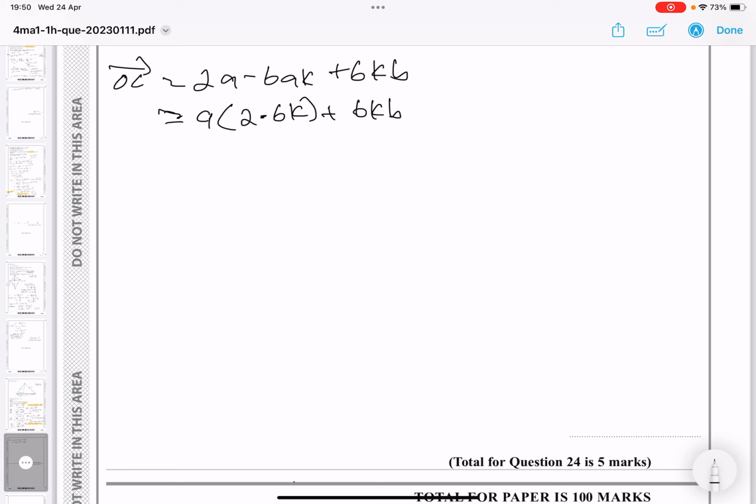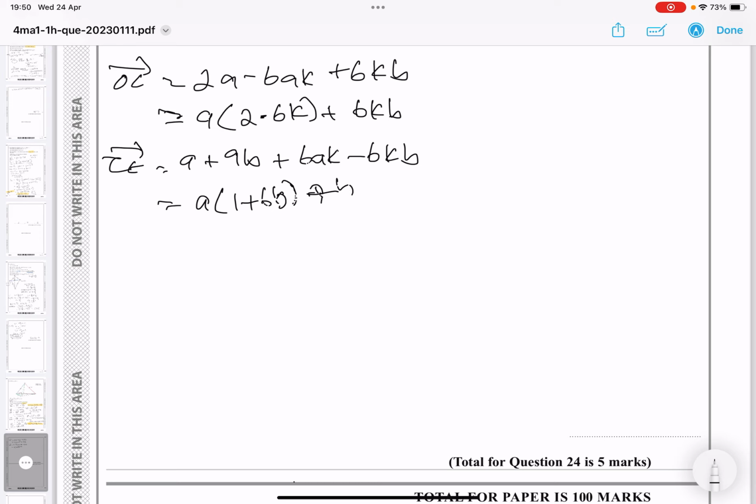And now for CE, we've got a vector of a plus 9b plus 6ak minus 6kb. And we can factorize the a's out again and simplify it: a in brackets 1 plus 6k plus b(9 minus 6k). Okay, now we have these two vectors.